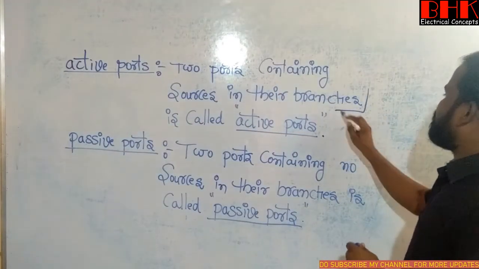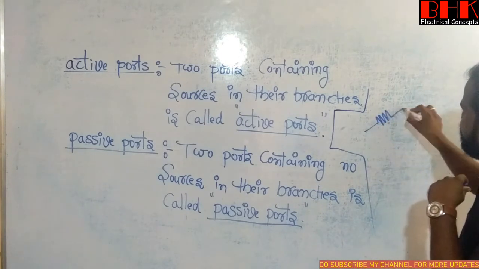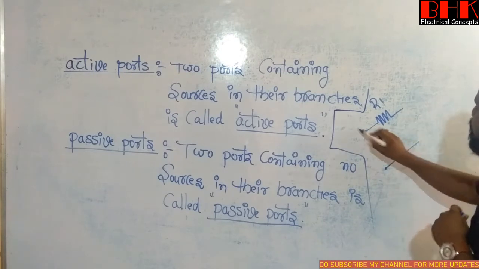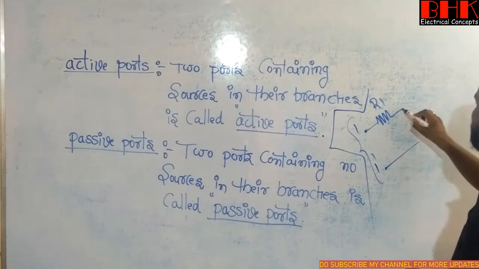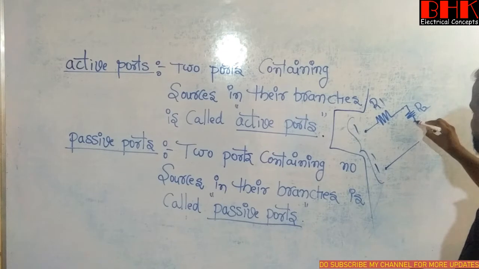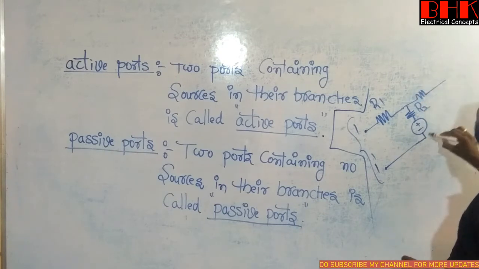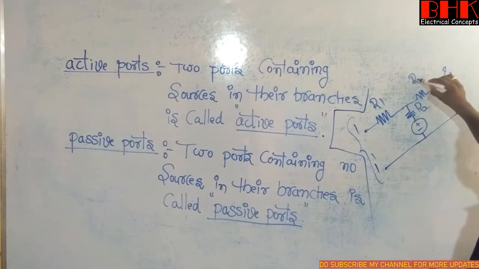For example, this is the resistance R1, and this is 1 and 1 dash, so this is port 1. Here this is resistance R2, and in this branch a voltage source is connected like this. This is 2 and 2 dash. This one is R3.